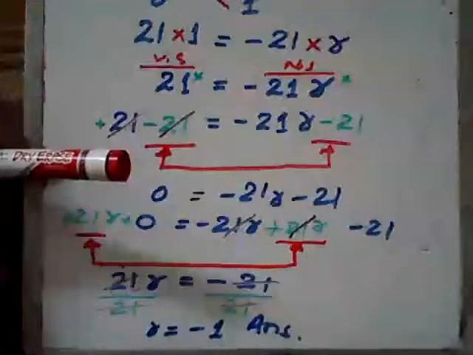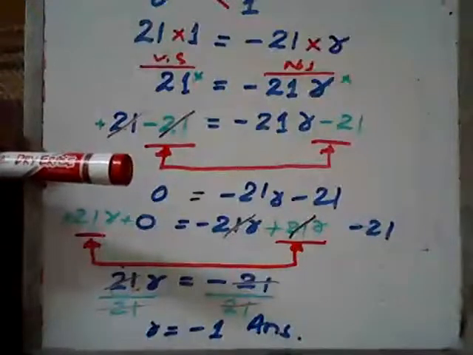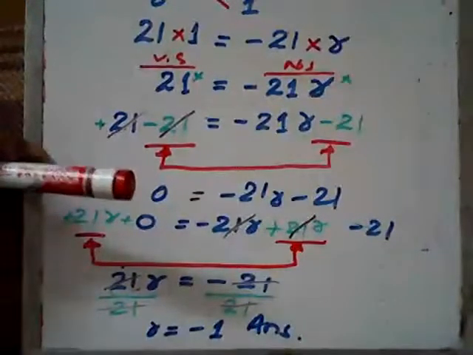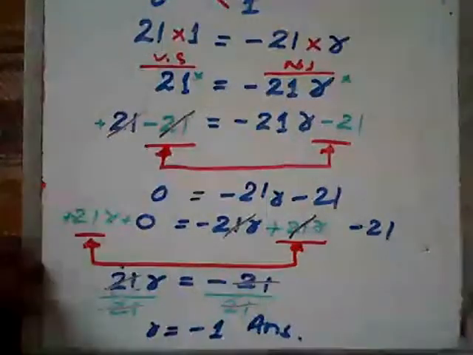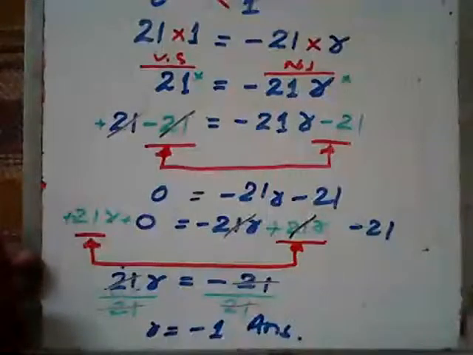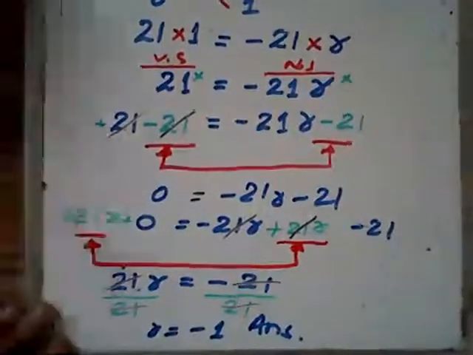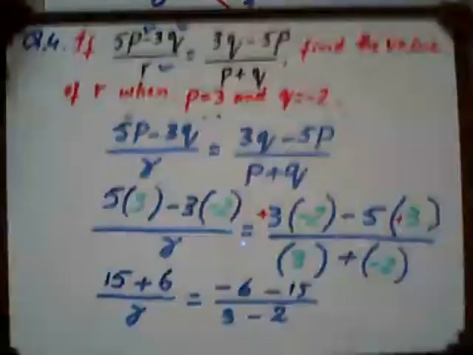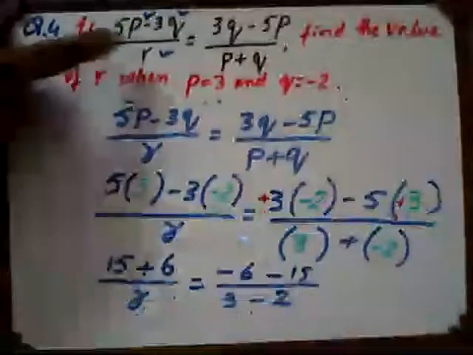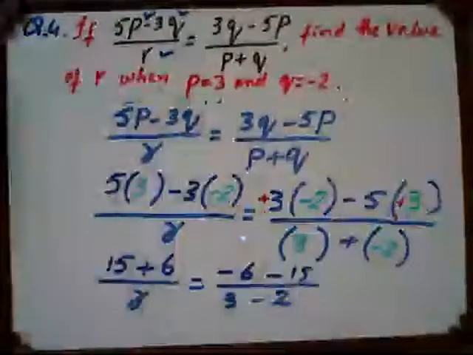So like this, you can see the question is solved. Again, I'm going to repeat this question from the beginning so that you have an idea of how it is done. This is a question with three different variables.